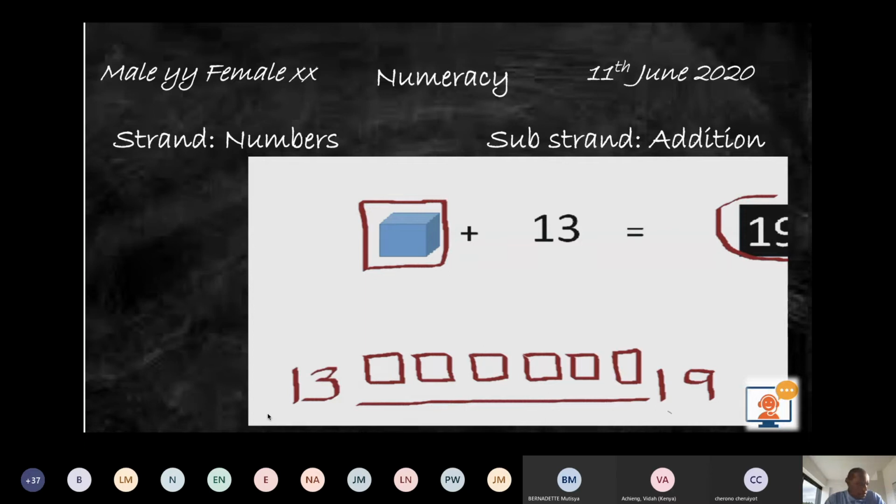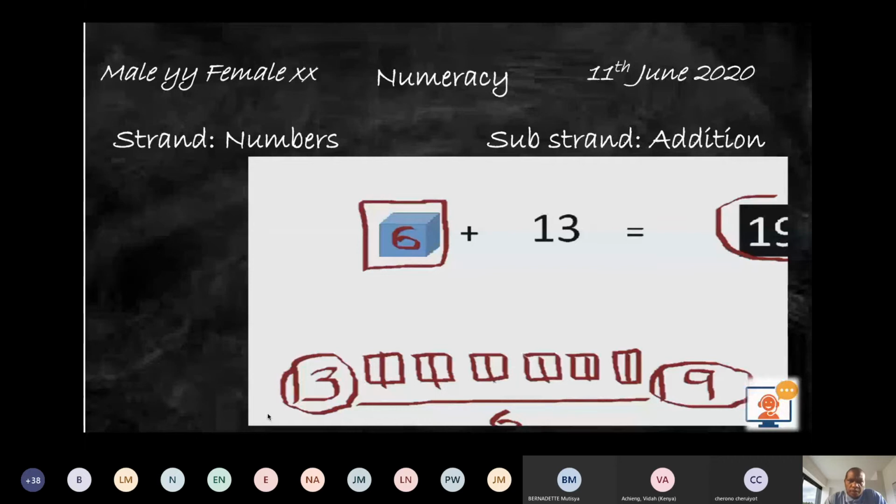So if we are to get 19, which we have been asked to look for, and we had been given 13, which is up here, then what we need to add are these that have been missing. Let's count them together. 1, 2, 3, 4, 5, 6. So what we need to add is 6, which means that the unknown number here is 6.